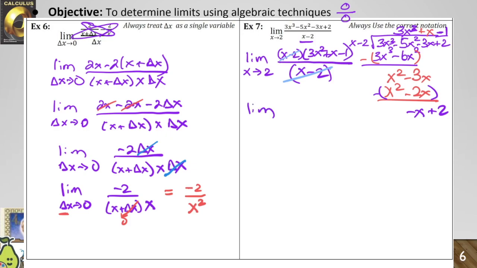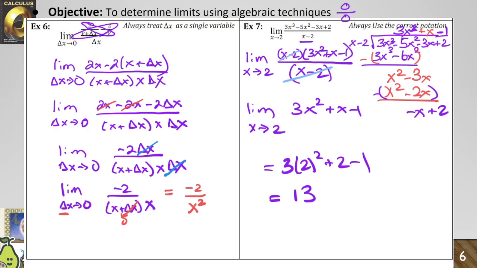And keeping my notation consistent, limit as x goes to 2 again, 3x squared plus x minus 1. I'm ready to substitute my 2 in. I get 3 times 2 squared plus 2 minus 1, which is going to be 13. Now notice, once again, once I did the substitution, I did not write the limit notation.